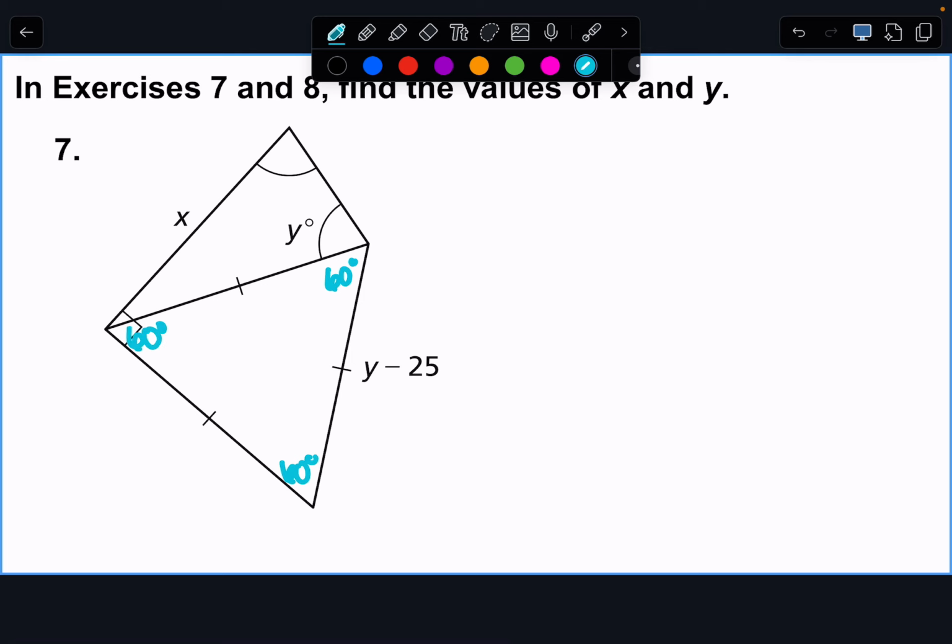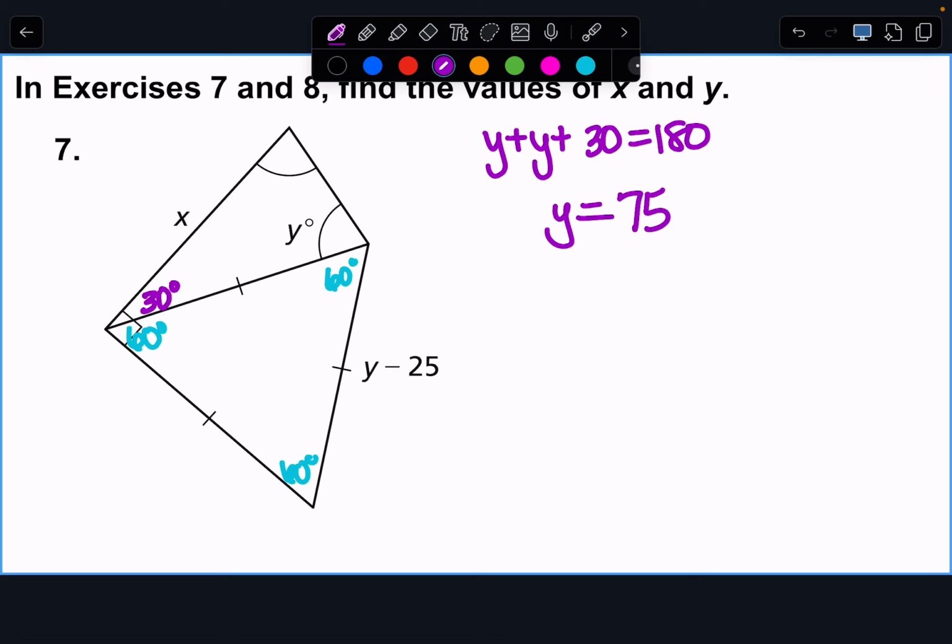Do you see this right angle right here? Yep. Okay. So what is this angle right here? 30. So we have y plus 30 equals 180. What does that make y? 75. Are we okay with 75?